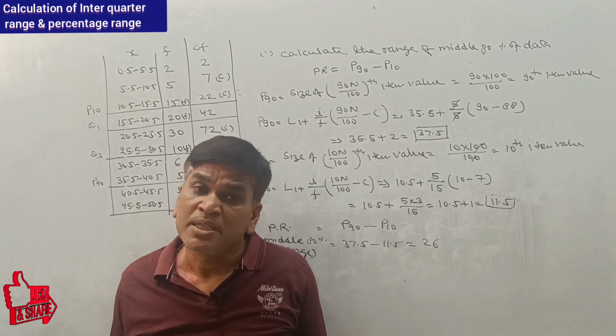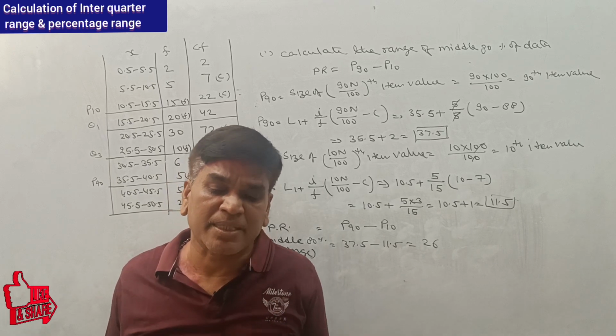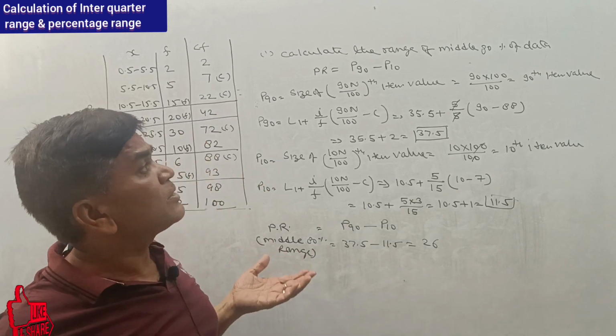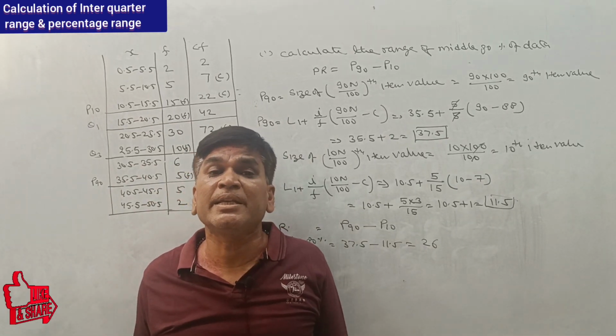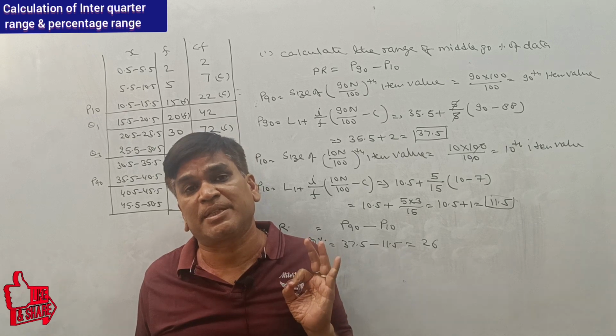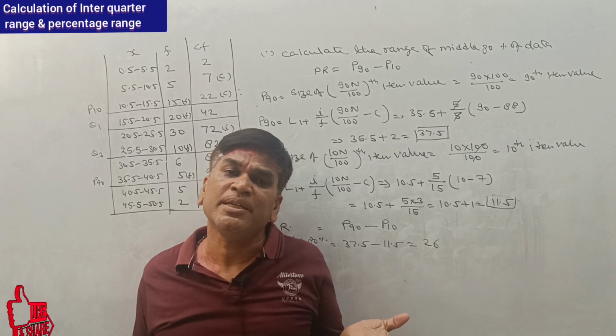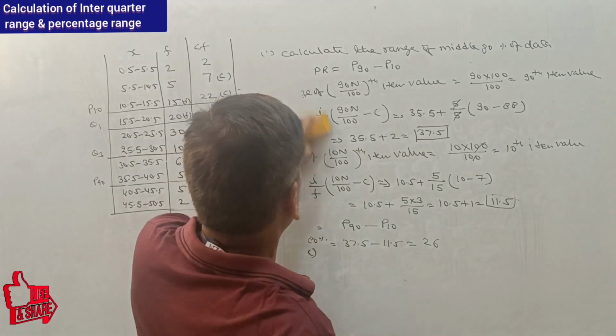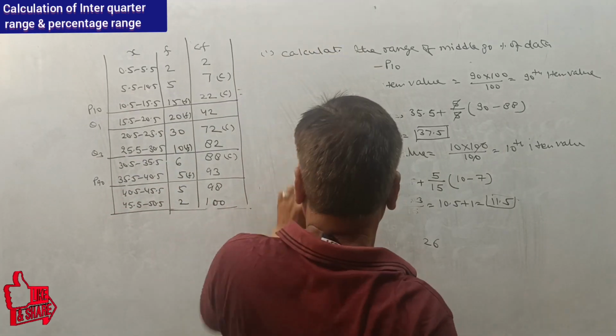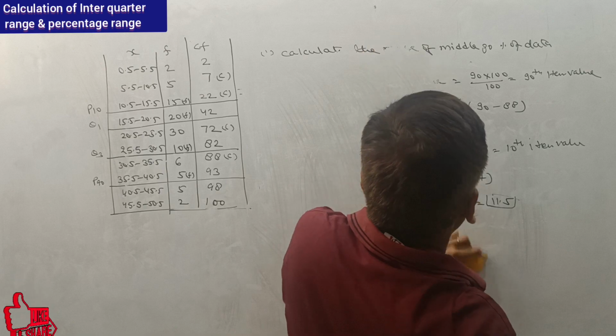Similarly, if something else is required, suppose the question requires the middle 70% of the data, it is very easy. You can make the problem as the question is asking.